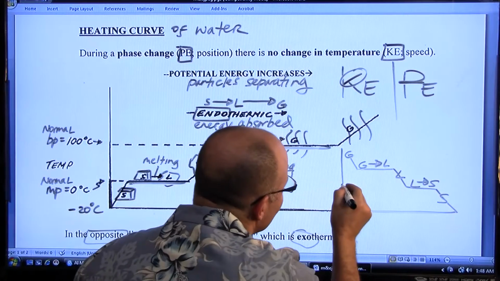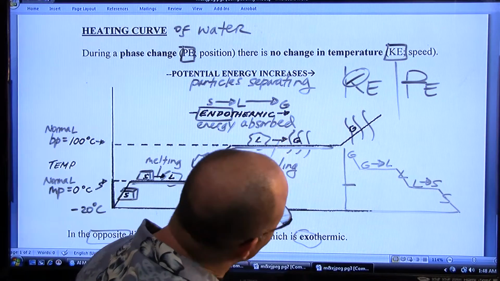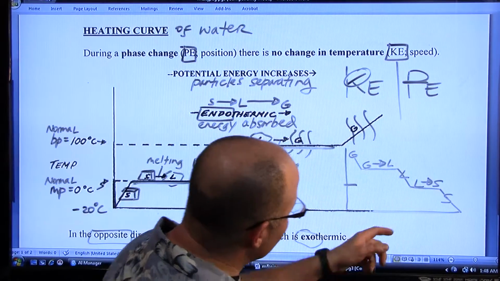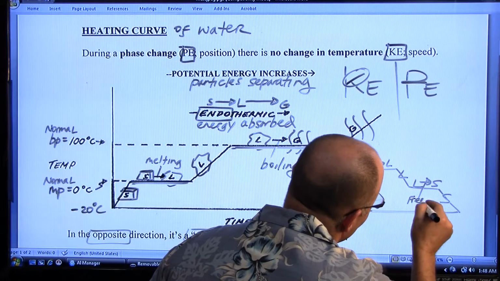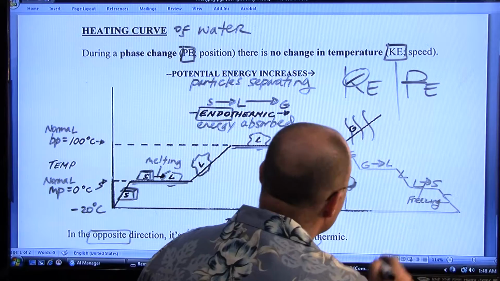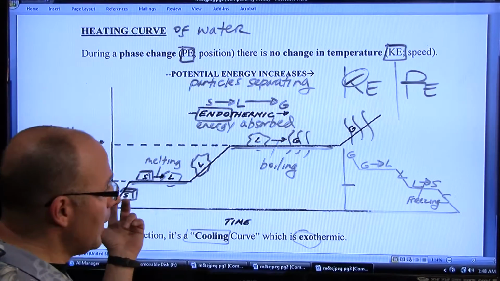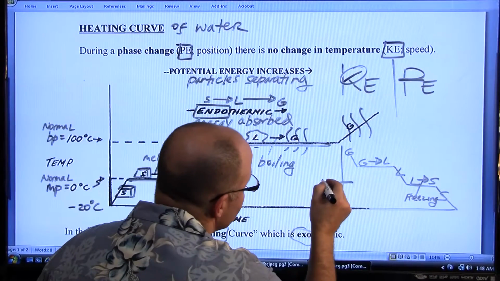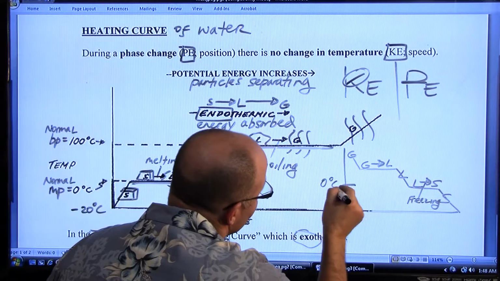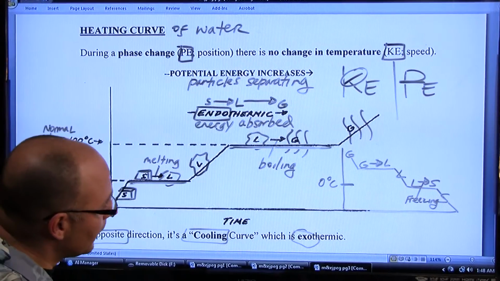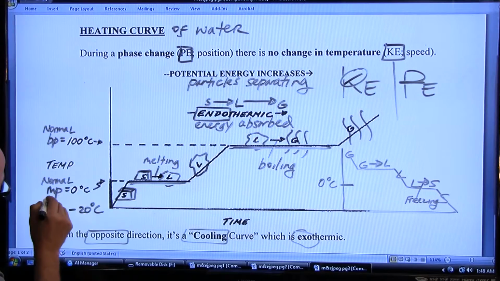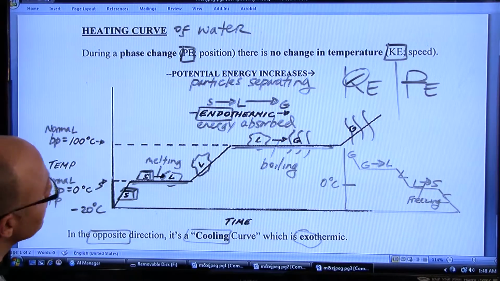You might want to note, if we're talking about water, the temperature at which the liquid turns to a solid, which is freezing, is exactly the same temperature at which the ice melts, which is 0 degrees Celsius. That's why I note here that the normal melting point is also the normal freezing point in the opposite direction.